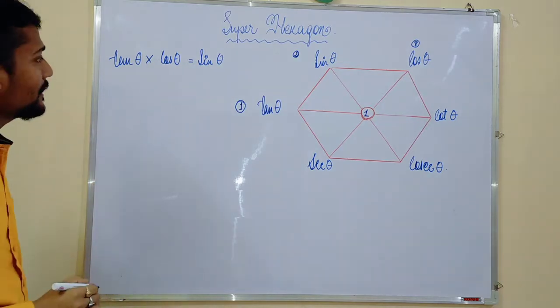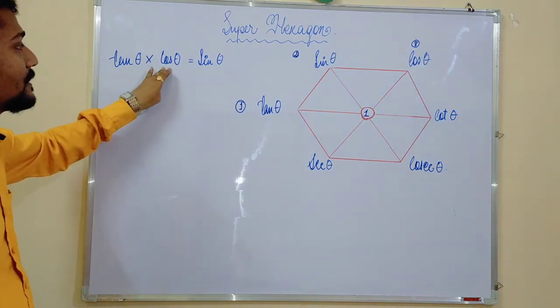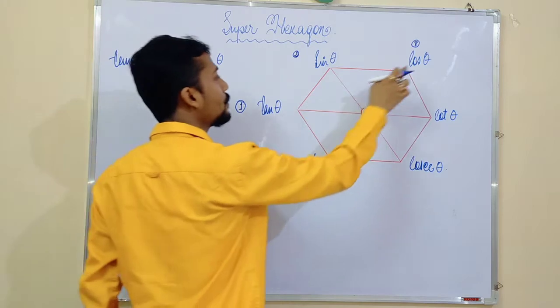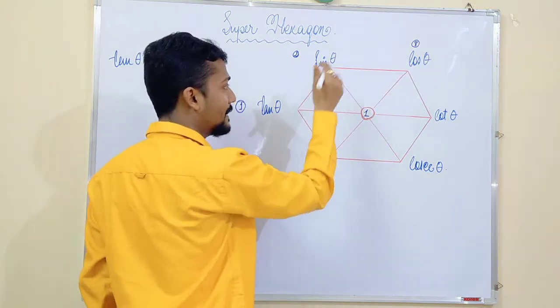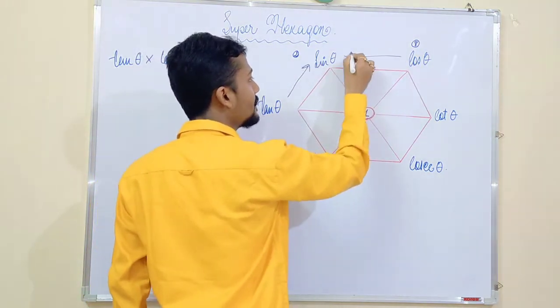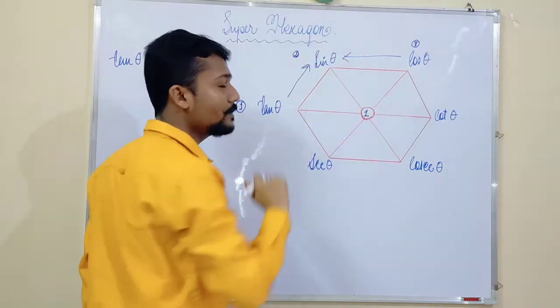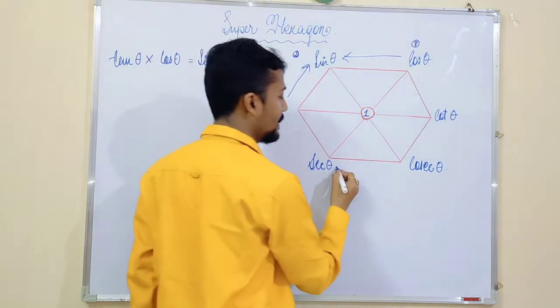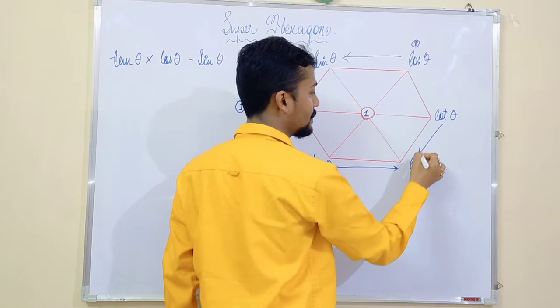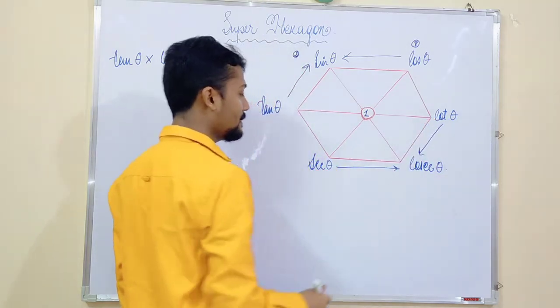Are you able to understand? Tan into cos is equal to sin. That means this into this is equal to this. Similarly, this into this is equal to this.